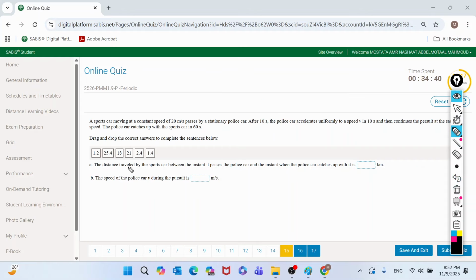Anyways, the distance traveled by the sports car between the instant it passes the police car and the instant the police car catches up. So it took 70 seconds. The car had 70 seconds, right? So x equals vt plus x0, so v is 20, t is 70 seconds, so 20 times 70, and x0 is 0, so that's just 1,400.